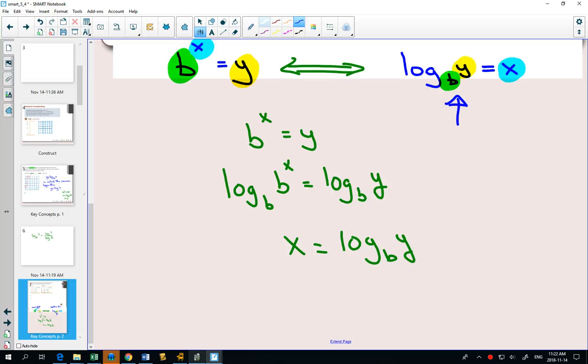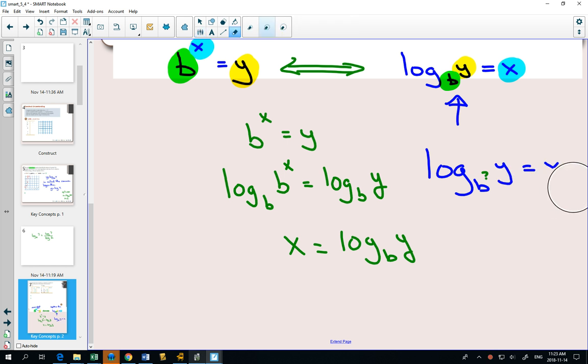So what we're going to do with logarithms is you're going to read this as log base b of y equals x, but you'll probably always think exponentially. So when I see this, there's my base. I'm going to think, b to what exponent is equal to y?